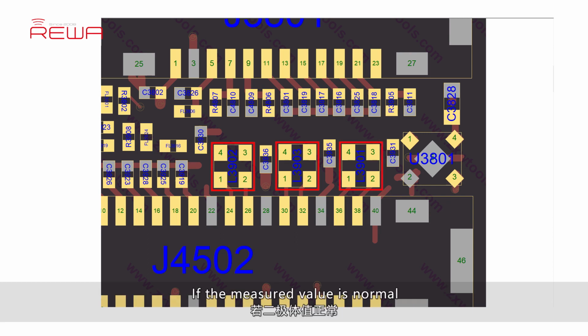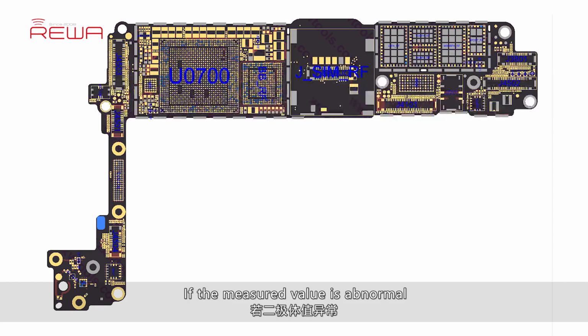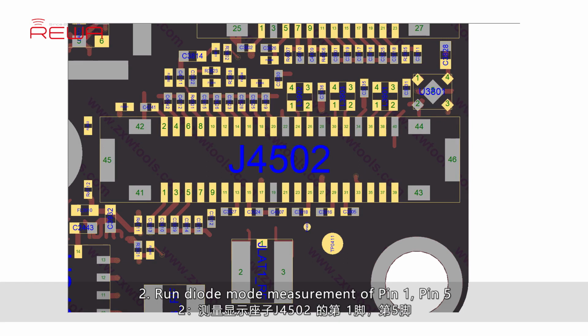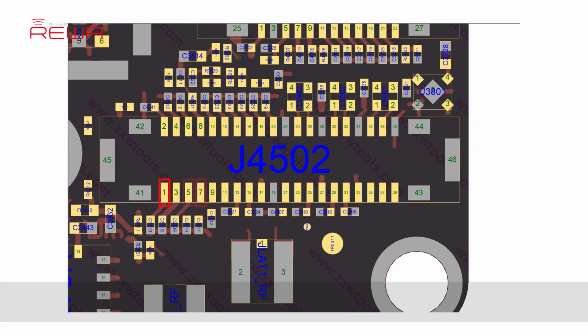If the measured value is normal, replace corresponding parallel inductors of the pin. If the measured value is abnormal, then the fault is caused by malfunction of CPU or open circuited condition of relevant circuits. 2. Run diode mode measurement of pin 1, pin 5, pin 7, and pin 33 of J4502.